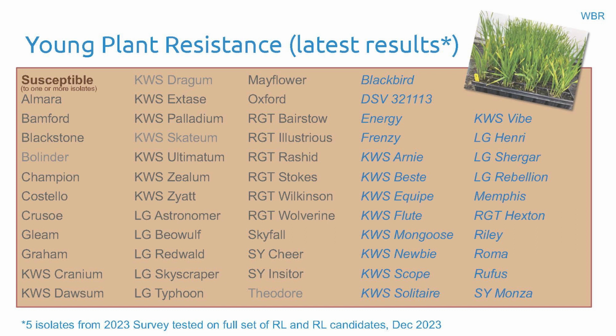But the keen-eyed amongst you will notice there's actually one missing from my slide here. So all of those susceptible. I had 1 variety that was resistant to all 5 isolates when I tested them on the full set of the RL and the RL candidates.